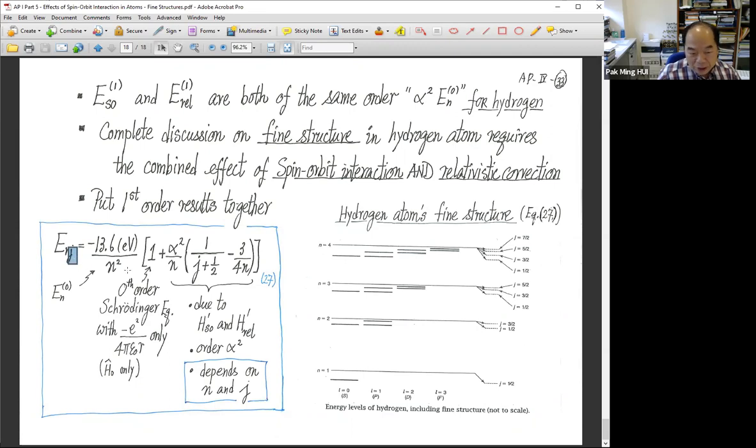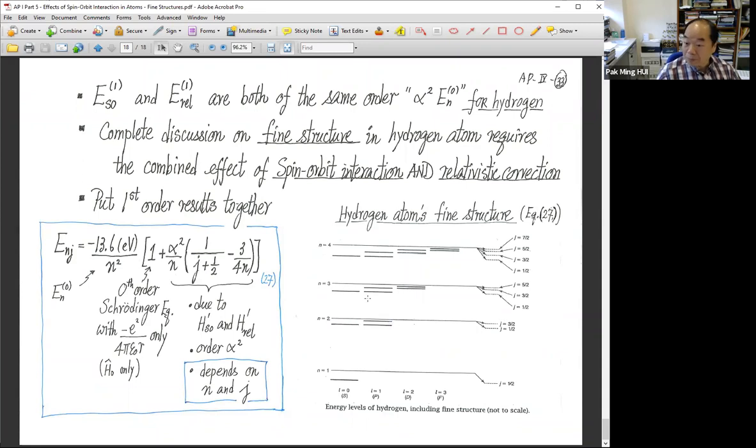According to this expression, 2s here and 2p, both corresponding to j equals half, should take on the same energy. That's why these two lines are drawn at the same energy, because they have the same n and same j. Only the other j value, j being 3/2, will give you a different, higher energy here.